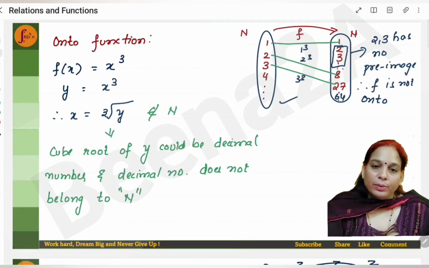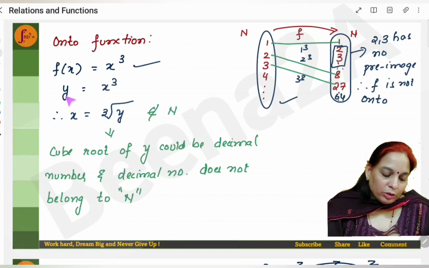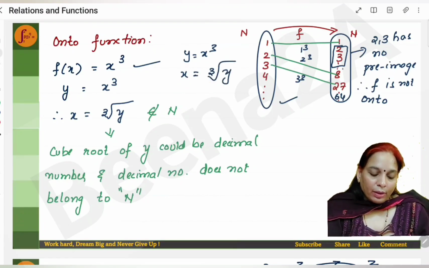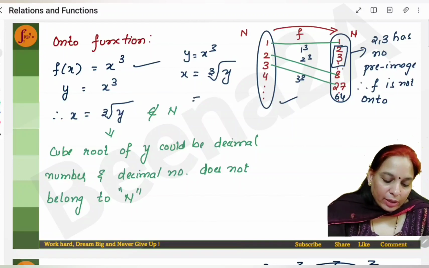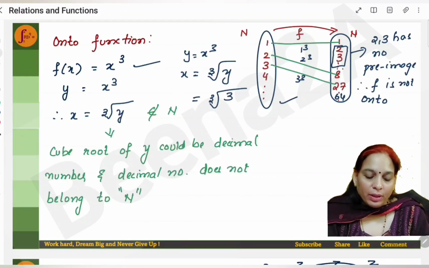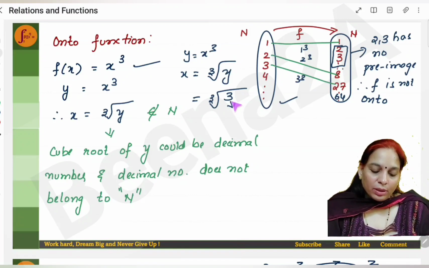This is using an example. Now using this particular method, f of x is equal to x cube. Assume that y is equal to x cube, so x is equal to cube root of y, right? Now let's take y as 3, because 3 is a natural number and belongs to this particular set.